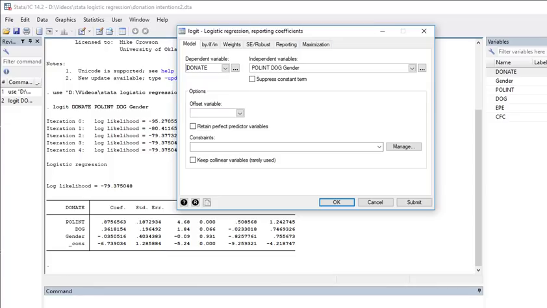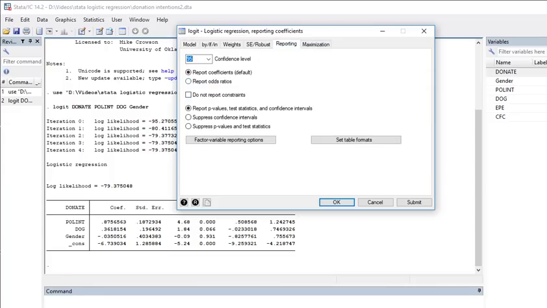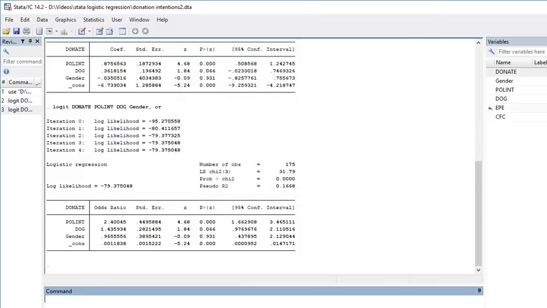If we go back through this original option here, we can click on report odds ratios, and we'll get those. You can see right here that in our output we've got odds ratios, which again, when we think about odds, we're looking at a ratio of probabilities: the probability of falling into the target group over the probability of falling into the non-target group.